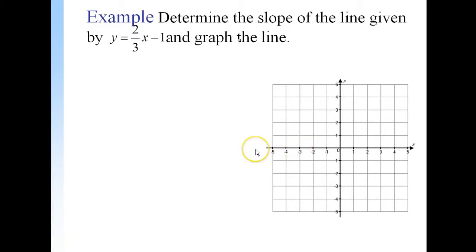Okay, now this is a super important technique that we will be using. They want us to graph this equation in slope-intercept form on this graph. So the first thing we do is plot the y-intercept, which is a -1. So we go over here and put a dot on -1.